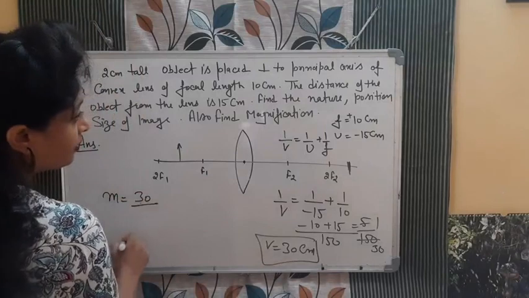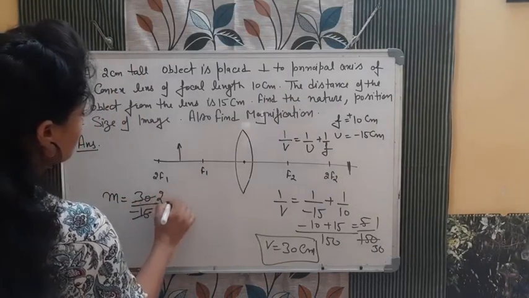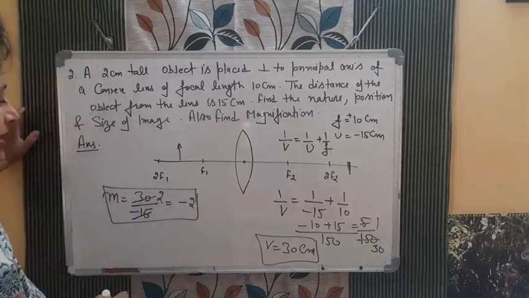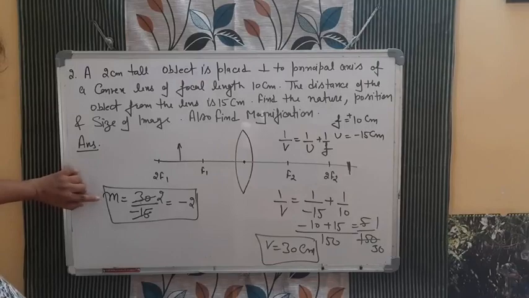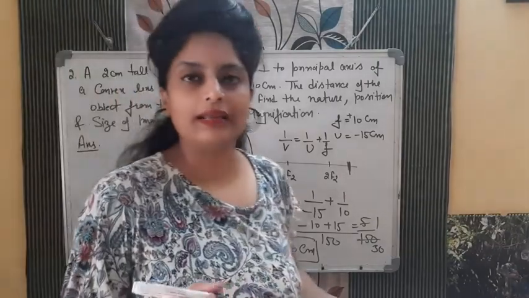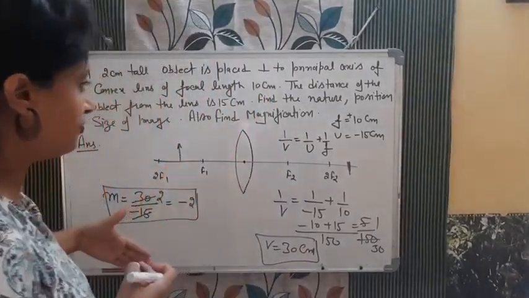30 by U, what is U? Minus 15. So 15 into 2 is 30, M is equal to minus 2. M is equal to minus 2. Now we know that M depends upon what? M depends on the height of the object and height of the image. Height of image divided by height of object.